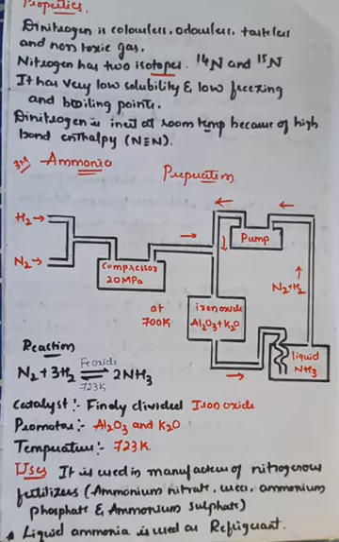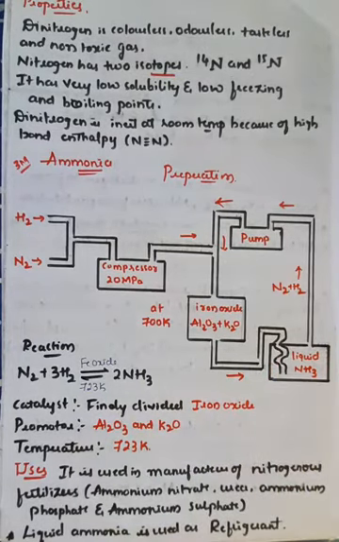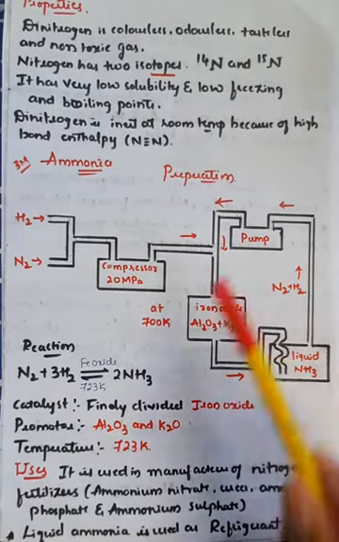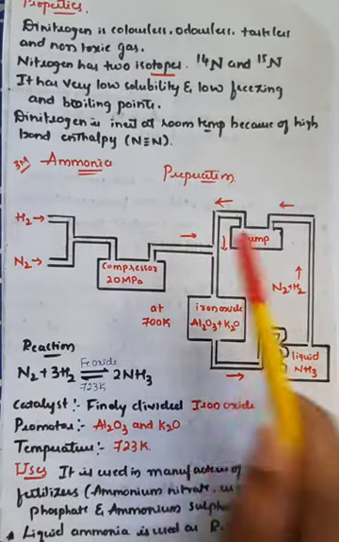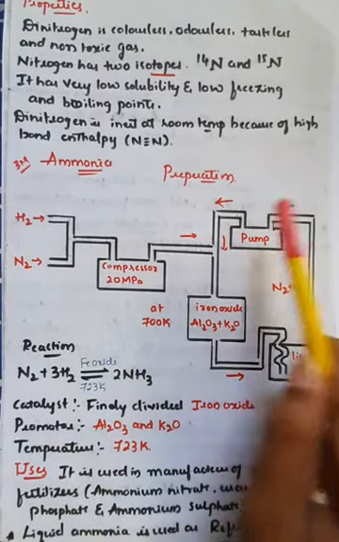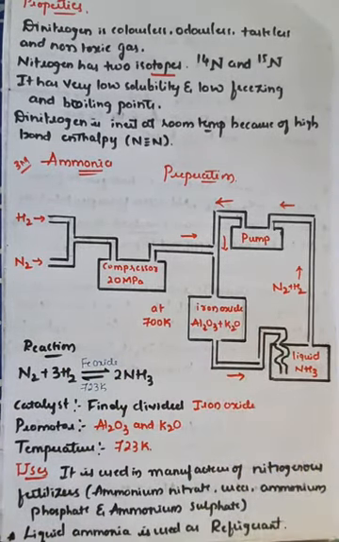So here there is one particular arrangement, a cyclic continuous arrangement, and the gases move from one direction to another. Due to the transfer, there will be a formation of liquid ammonia at the end, right? So we'll see how this apparatus works. It consists of different units.